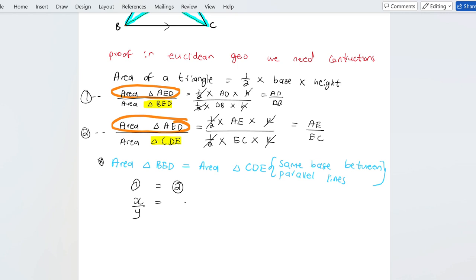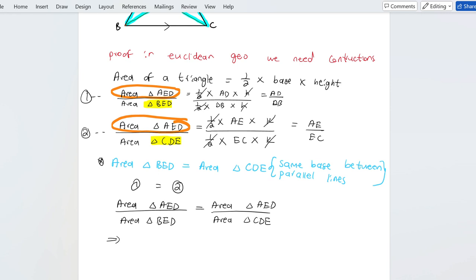These things will be equal, right? So I'm going to equate 1 and 2. I'm going to say that the area of triangle AED divided by the area of triangle BED must be equal to the area of triangle AED divided by the area of triangle CDE.